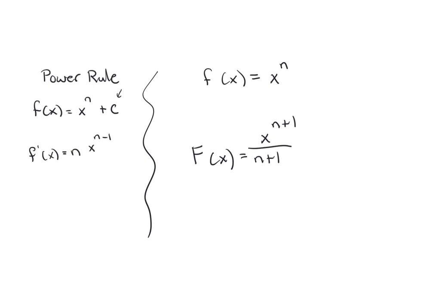And the idea of going backwards is, if a constant drops off, then a constant has to go back on, but we don't necessarily know what that constant is when we're moving backwards. So we just always put plus c when we're taking the antiderivatives.